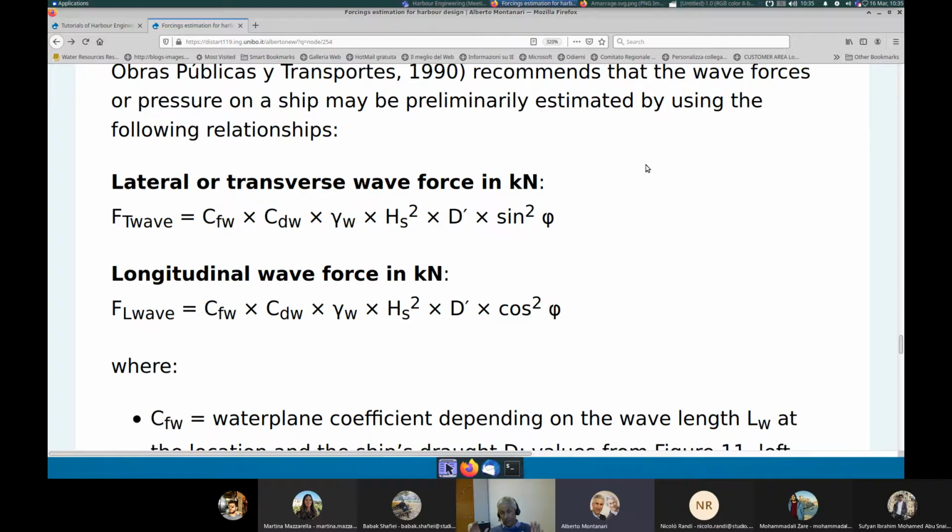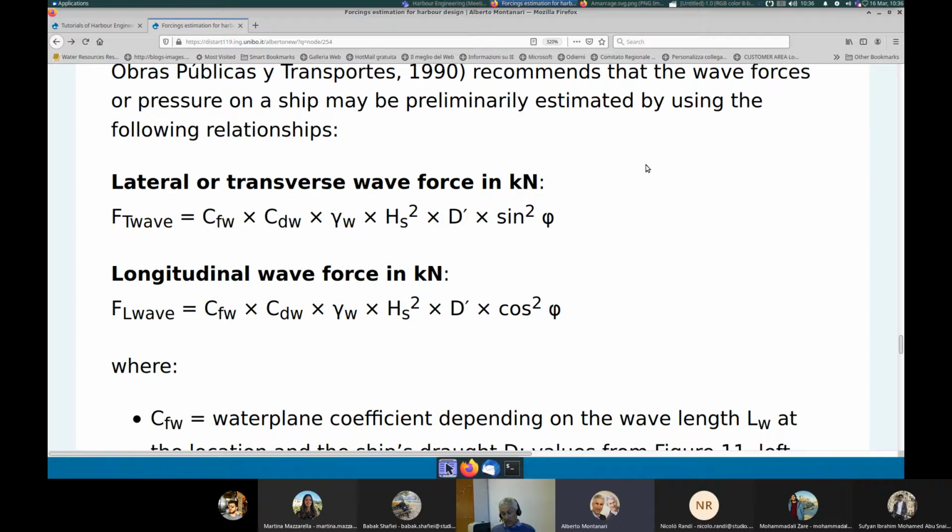Okay, so basically you have one force that is hitting a ship, and it's applied in the center of gravity of the immersed area, which is projected in a perpendicular plane. Perpendicular to what? To the wave direction. So what is the result of this?